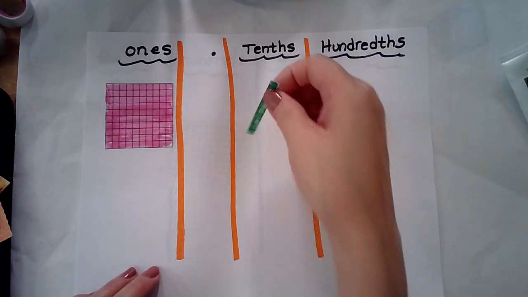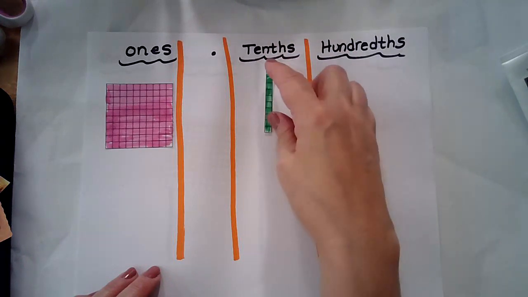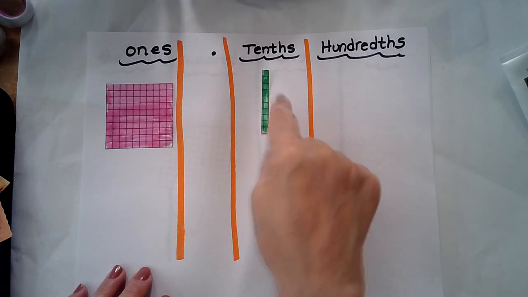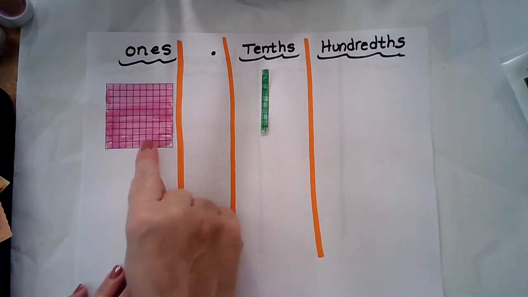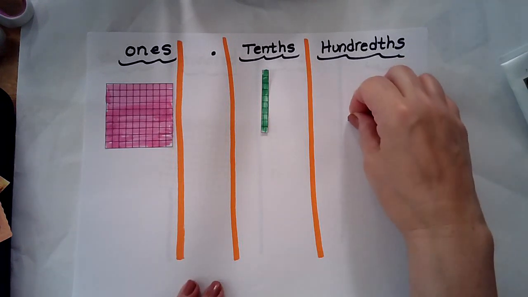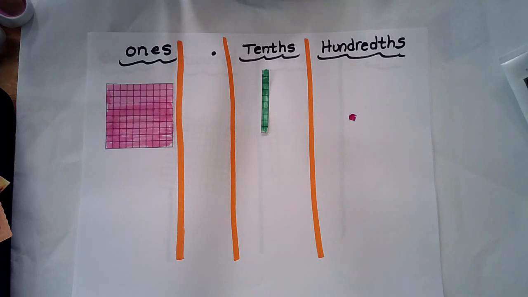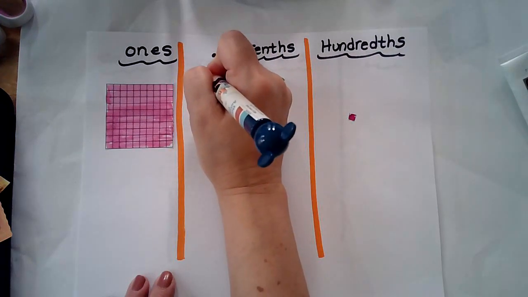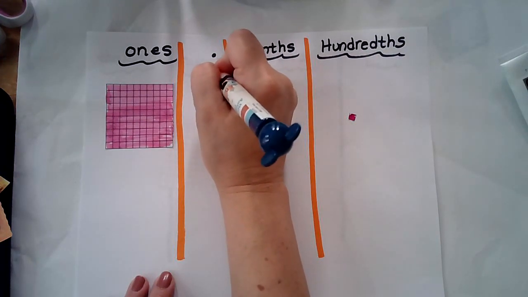And then you have the tenths, which is part of a whole. It means 1/10, one part out of this whole flat. And then the hundredths place, which we'll talk about tomorrow, is represented by one of the little squares. And by the way, whenever you see that decimal point, you would say "and."